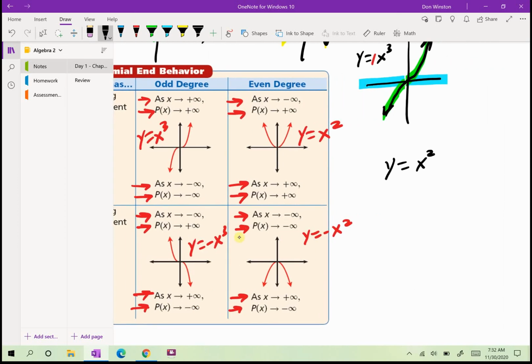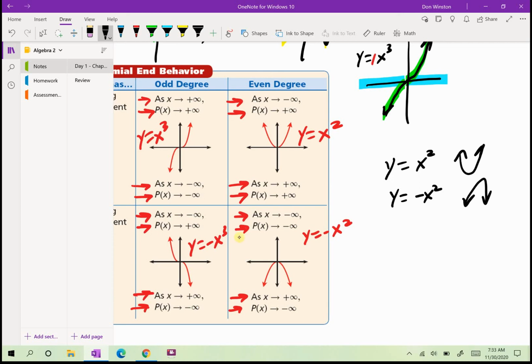If it's positive, it rises on both ends as x goes to positive or negative infinity. If the leading coefficient is negative, it falls on both ends as x goes to positive or negative infinity. And that would be the case for any even degree polynomial. Degree 2, degree 4, degree 6, degree 8, doesn't matter.